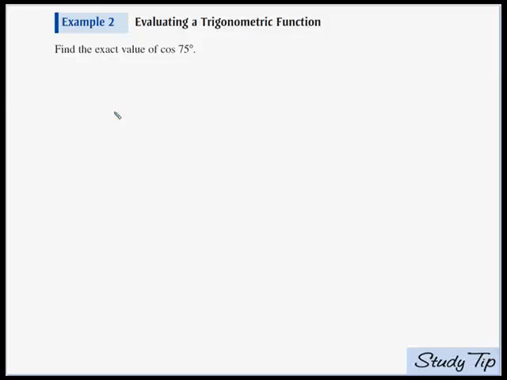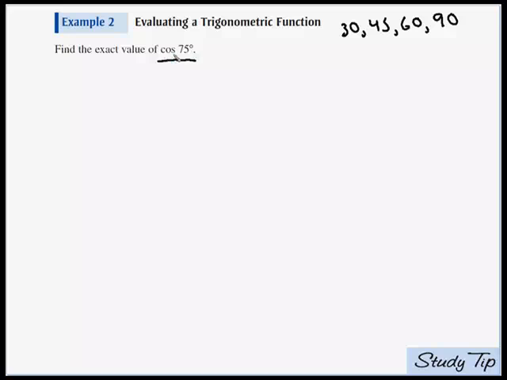So let's do one with degrees in it as opposed to radians. We want the exact value of the cos of 75 degrees. 75 degrees is not on our unit circle, but remember the angles that we are getting real familiar with are 30 degrees, 45, 60, and 90.